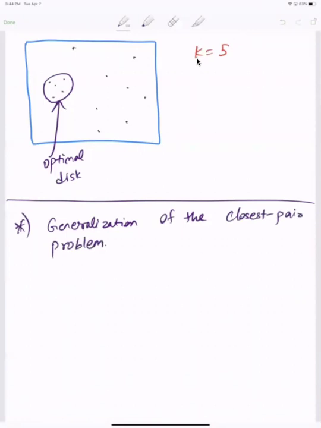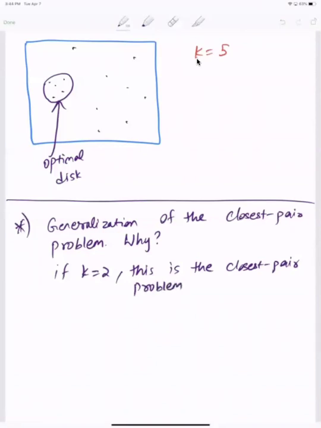Why? Well, if k is equal to 2, this is exactly the closest pair problem. That was what we discussed in the previous lecture, but we won't need any of that material here.